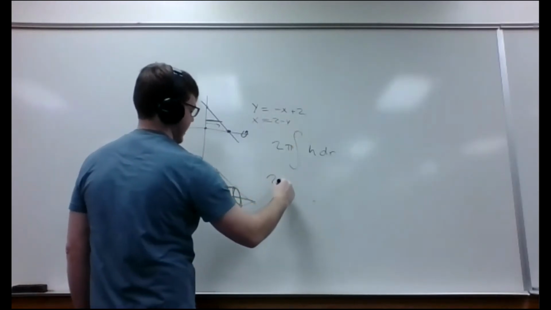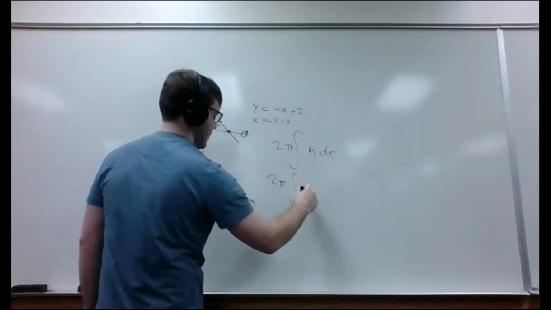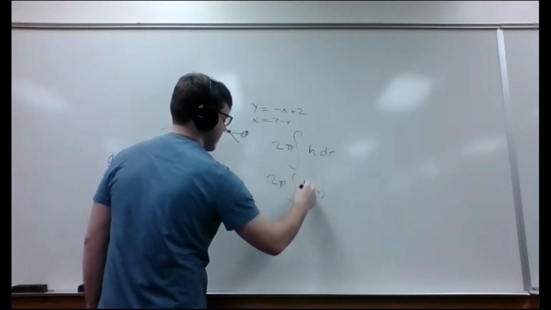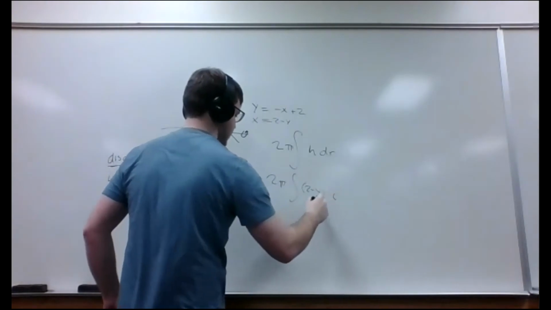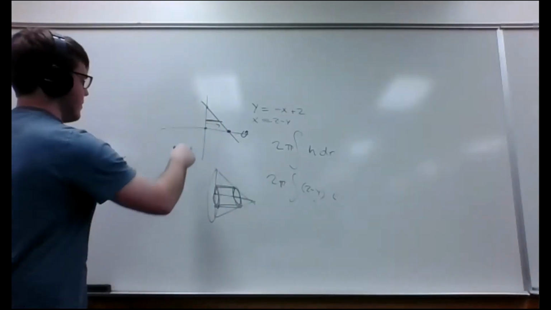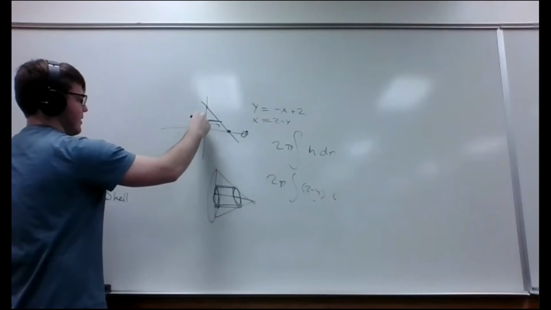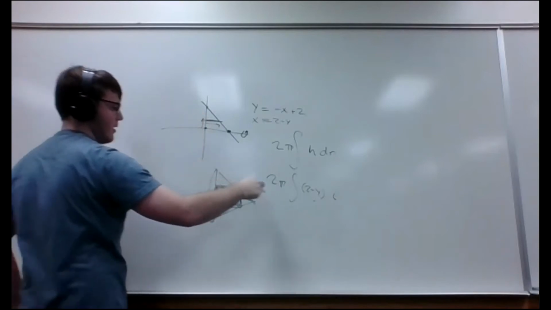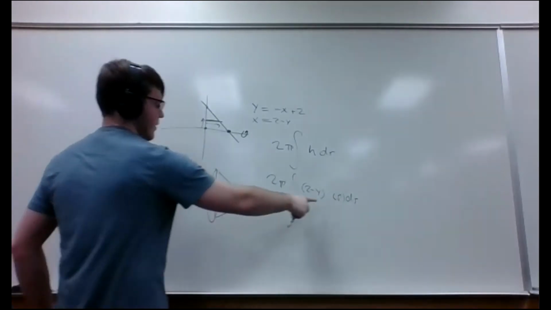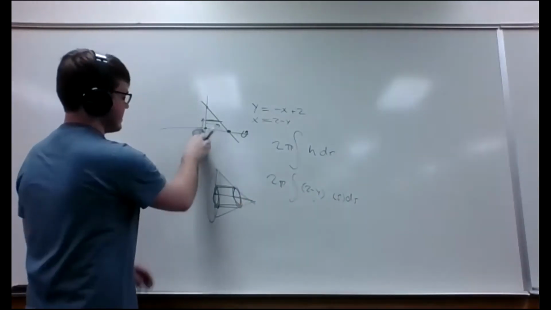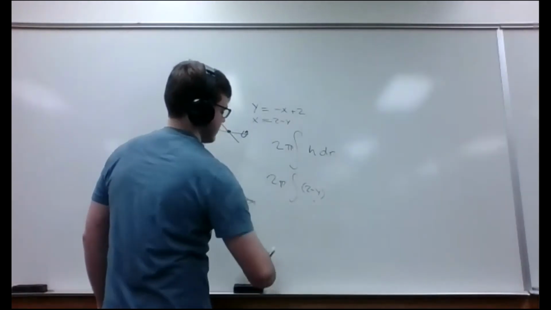So we're going to have 2 pi times 2 minus y, times our change in radius, which is going to be r dr, and our radius in this sense is y.